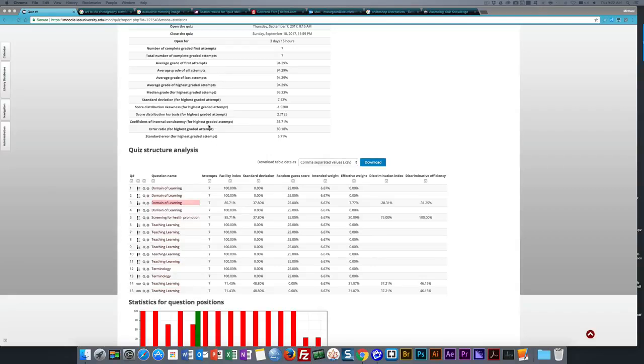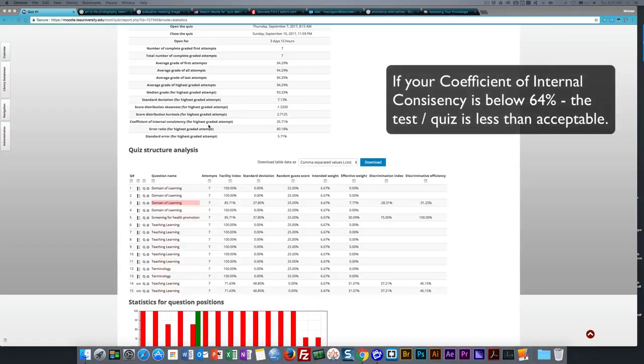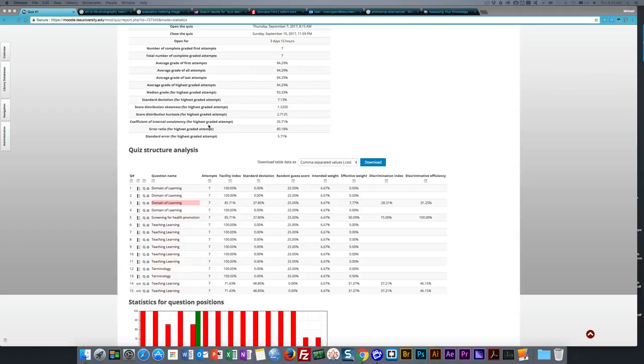So 75 to 85 or 89 is good. If the value is below 64, however, the test as a whole should be considered unsatisfactory, and remedial measures should seriously be taken into consideration.